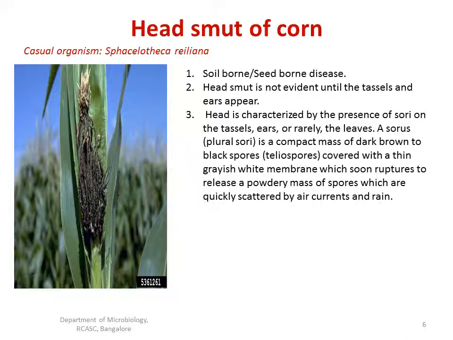Here, the head is the infected head I'm talking about. In this image you can also observe the head is characterized by the presence of sori, that is, teleospores. It is characterized by the presence of sori on the tassel, ears, or rarely on the leaves. See here, the symptom is confined only to the inflorescence or the tassel.